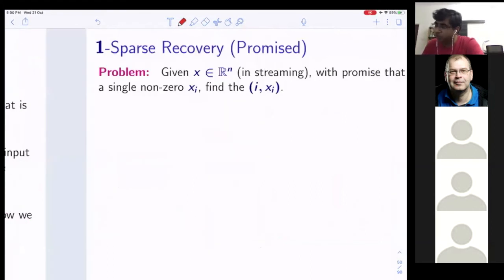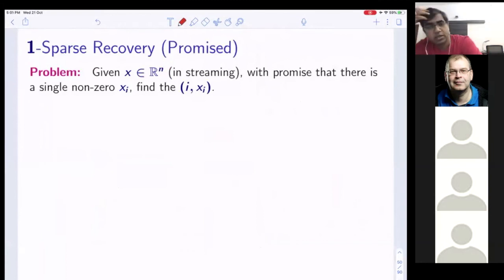Suppose this is a promise problem. I have promised you that X is given in R^n in streaming, with the promise that there is a single non-zero xi, and I want you to find me that coordinate and the value.